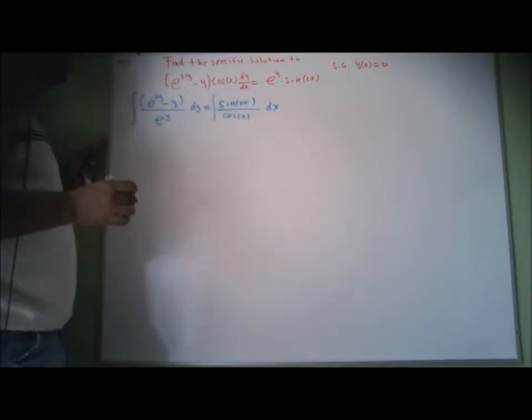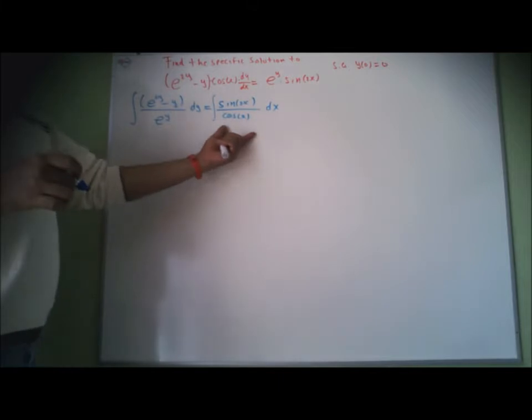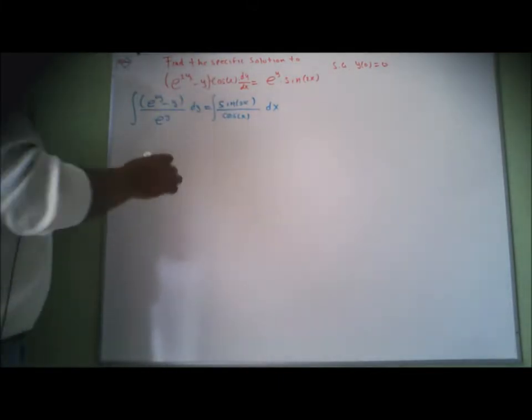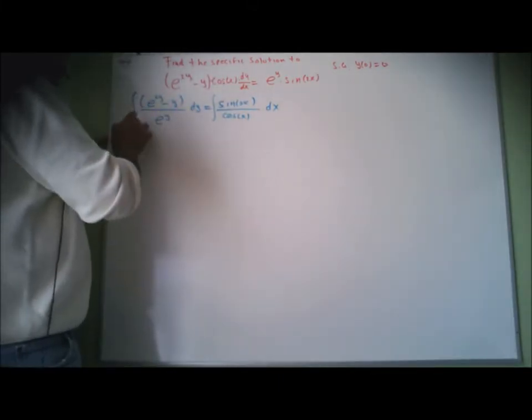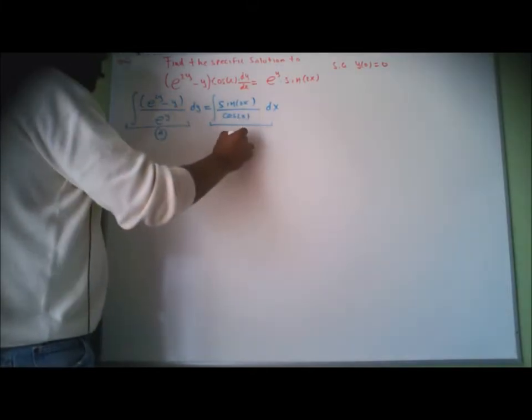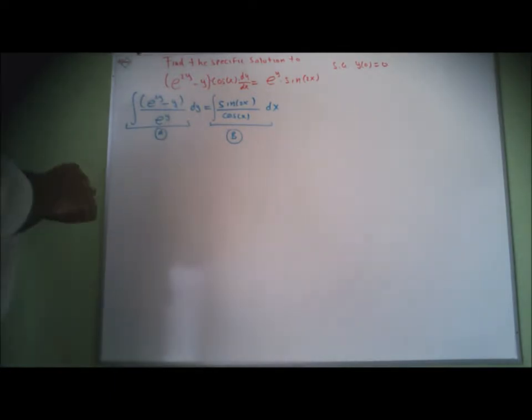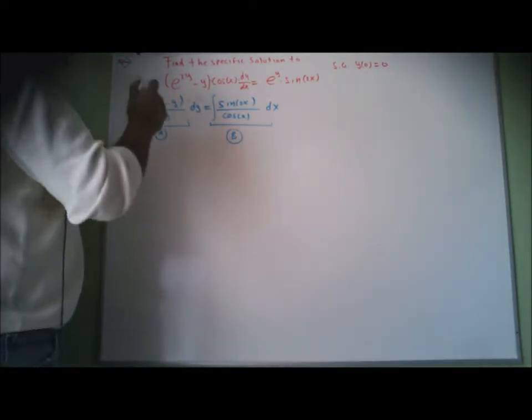So we have to solve the integral on the left side and then the integral on the right side. I'm going to split this into two problems, the A part and then the B part. I'm going to solve the A part first.